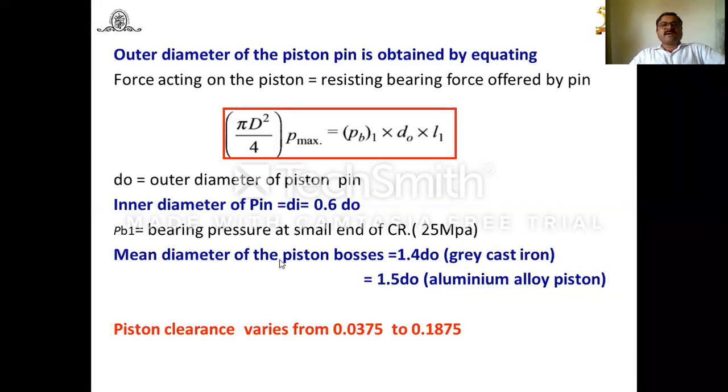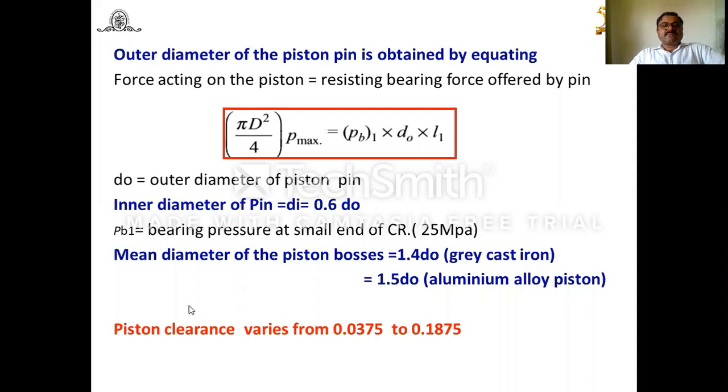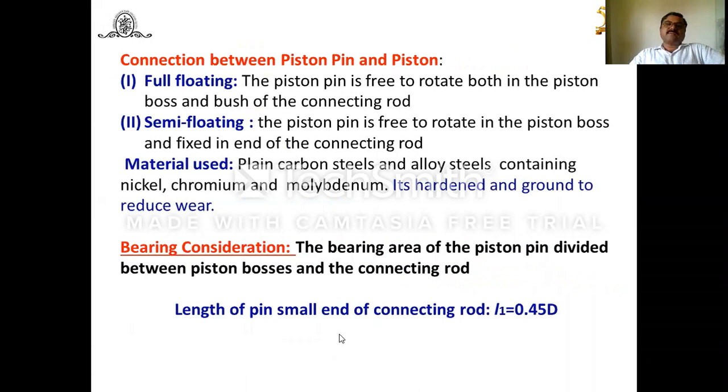So you will find these dimensions for the piston bosses also by using this expression. Another important one is the piston clearance. Piston clearance means how much clearance should be provided.